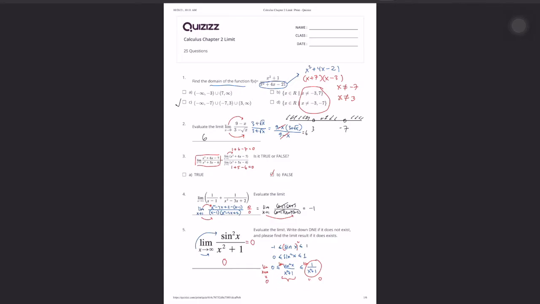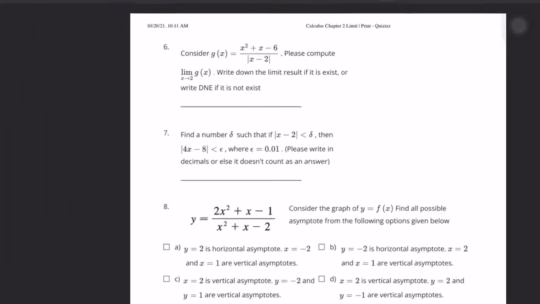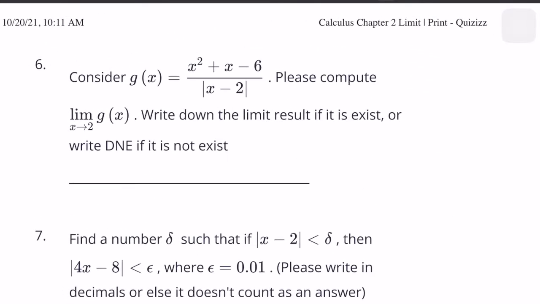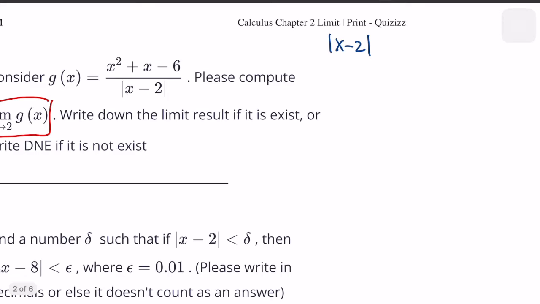Okay, let's move on. Now we are looking at this function g. We have this x squared plus x minus x divided by absolute value of x minus 2. So we need to compute this limit. Then we are going to have this absolute value. We need to break it down into 2 values, which are x minus 2 or negative x minus 2.